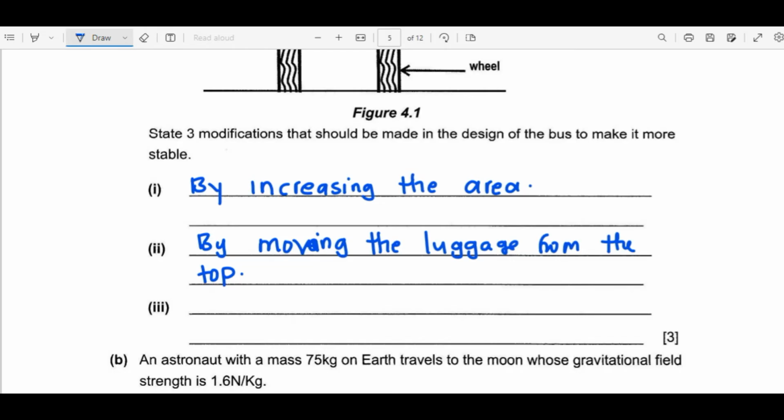Then the other one, since it's all about the bus, the height, so by reducing the height of the bus. So that's what we can say.